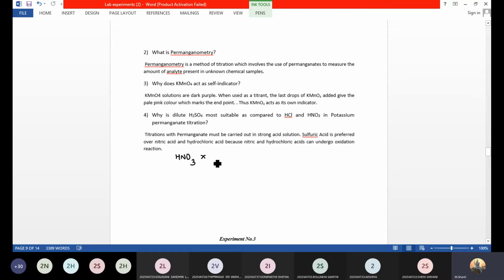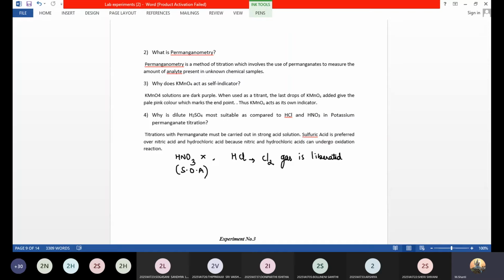So this is not used, and even HCl is not used. Why is HCl not used? Because it will liberate chlorine gas. So chlorine gas is liberated, and therefore we do not prefer either HCl or HNO3. We have to use only dilute sulfuric acid.